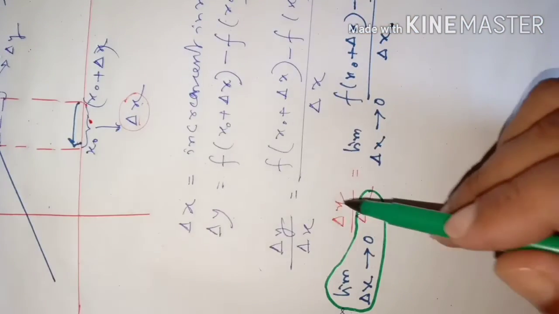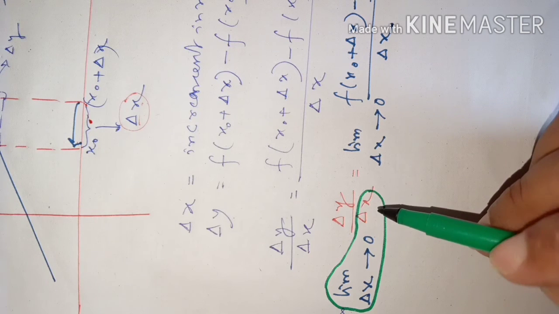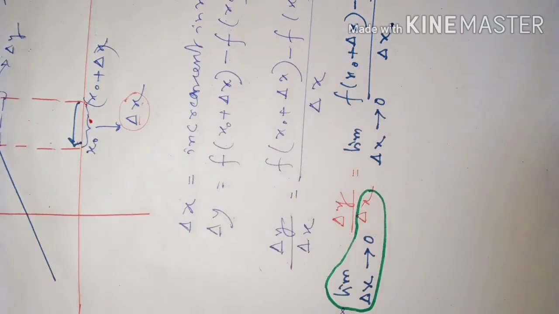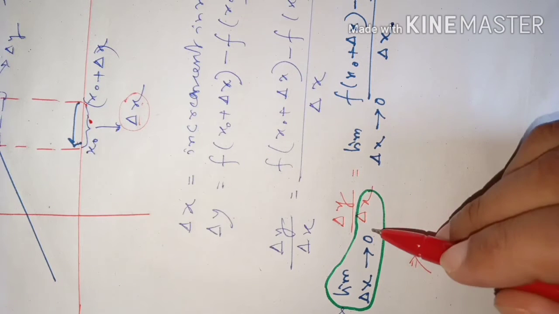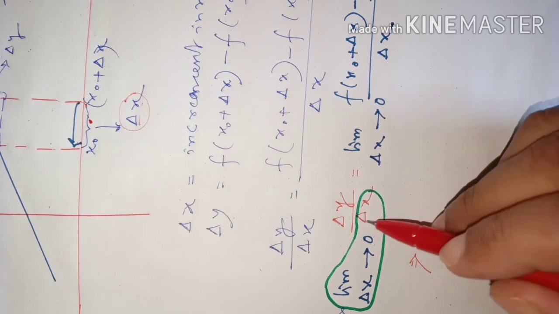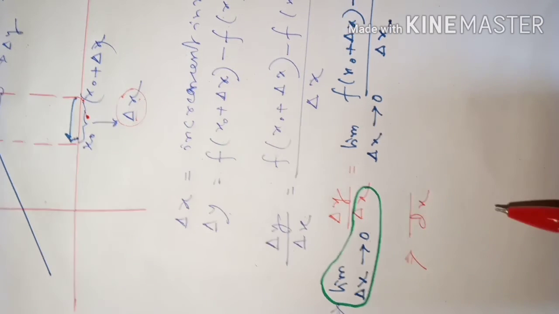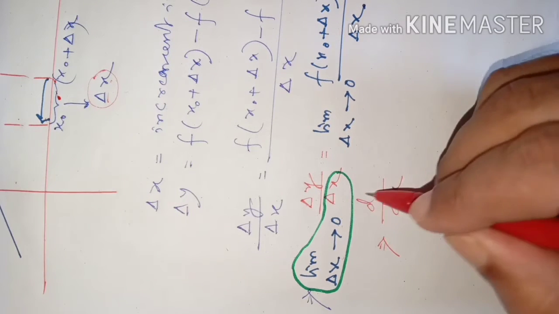At that time the ratio between this delta y and delta x will be called the differential of y with respect to x. With limit delta x tends to 0, this delta x will be written as dx, okay, and this delta y will be written as dy.